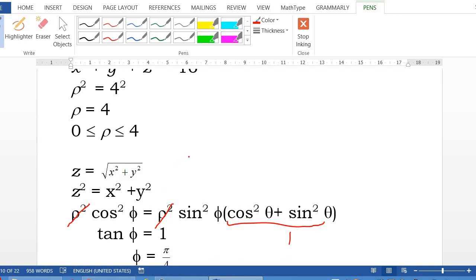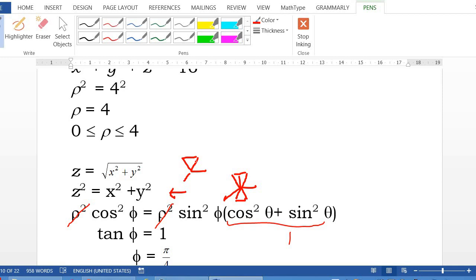If instead you had z squared, you would have both the upper cone and the bottom cone. So z equal to square root of x squared plus y squared gives only the upper cone.